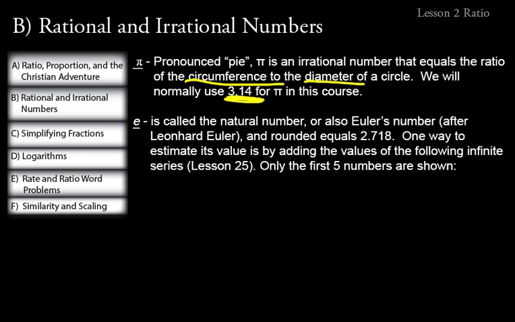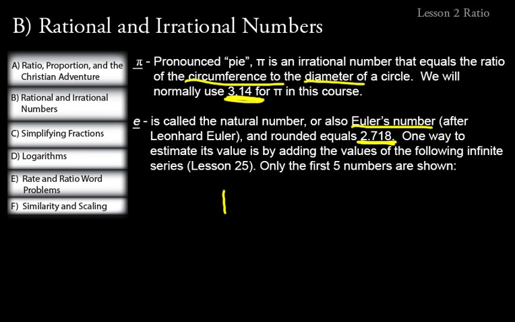And e, next, that's the natural number, also called Euler's number, after Leonhard Euler. Rounded, that equals 2.718. And again, that's normally what we'll use in this course. So one way to estimate its value is by adding the values of the following infinite series.